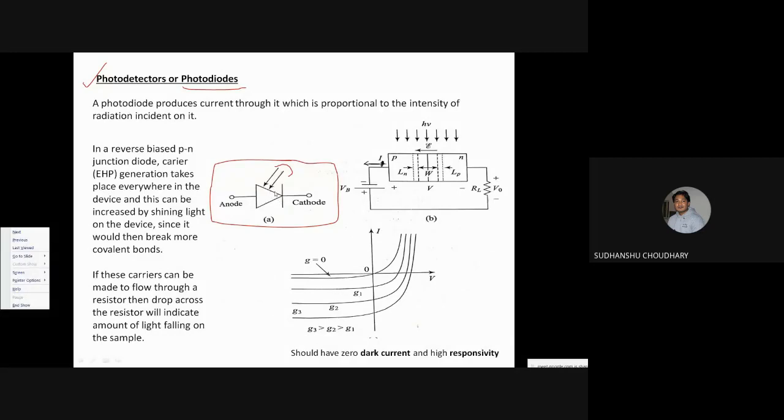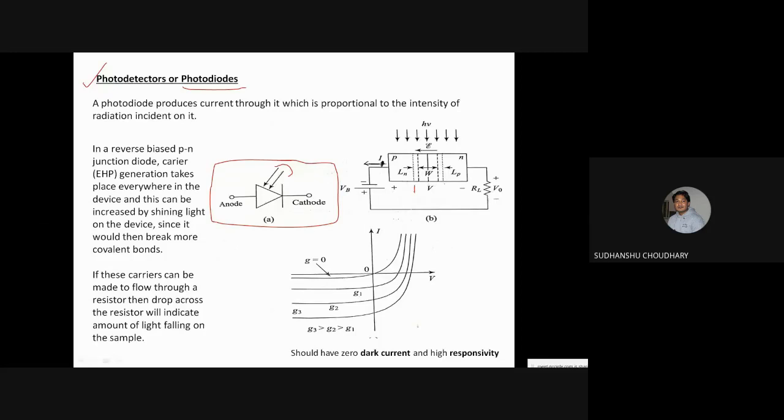Now this photodiode always operates in reverse biased mode. We understand that, in fact, this is also just a PN junction. Now this time this PN junction is reverse biased. And when this is reverse biased, obviously this reverse bias will make the depletion region wide.